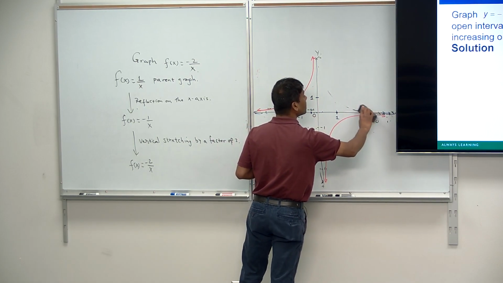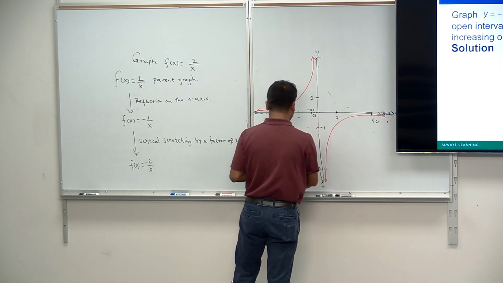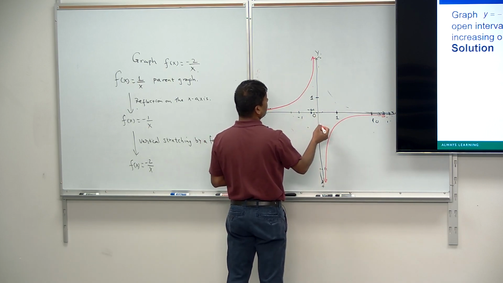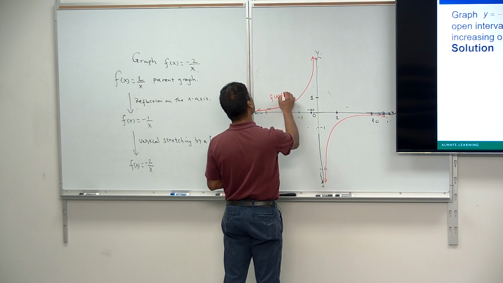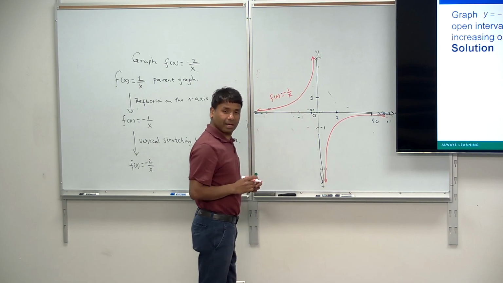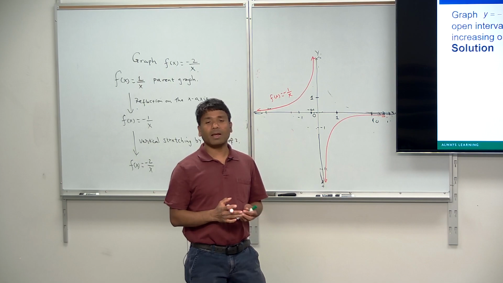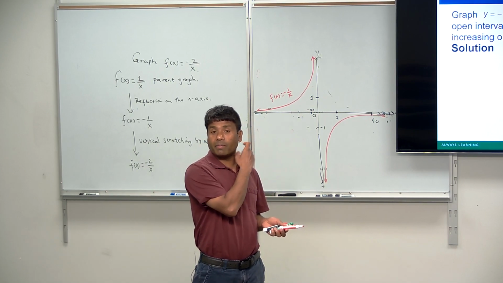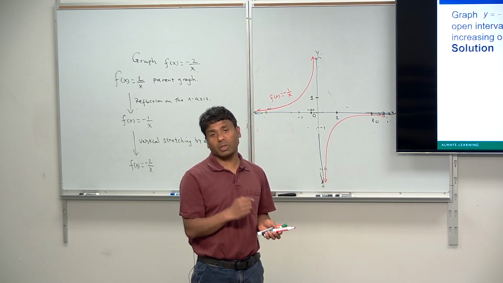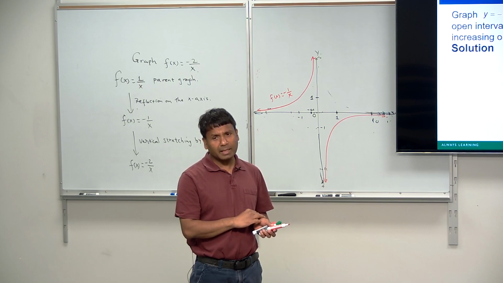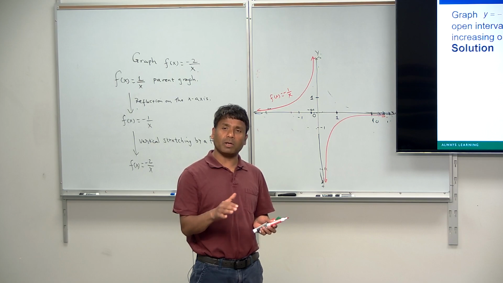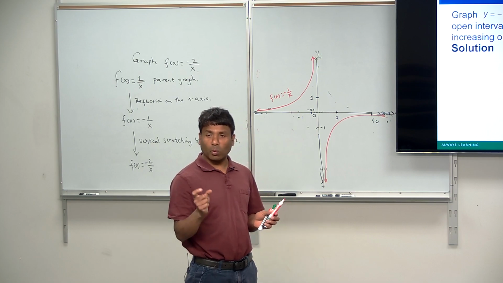And this is the graph of f(x) equal to negative 1 over x. Is that right? And then you stretch this graph vertically by a factor of 2. And you know that when the graph is vertically stretched, it will be narrower.